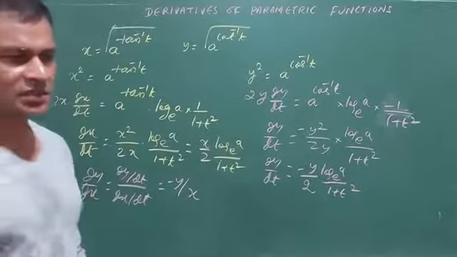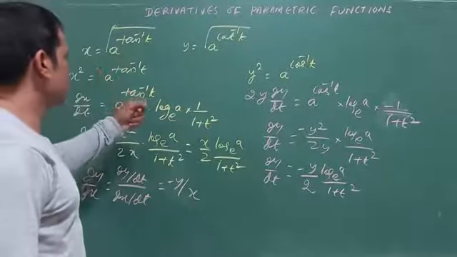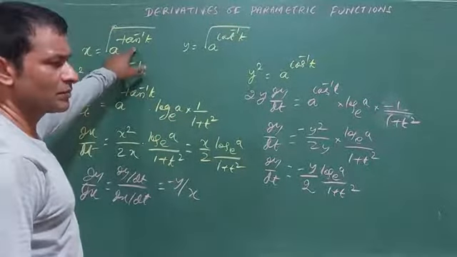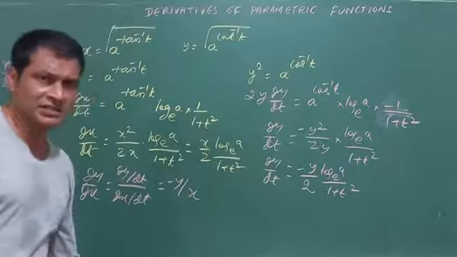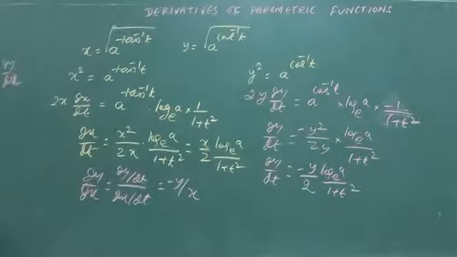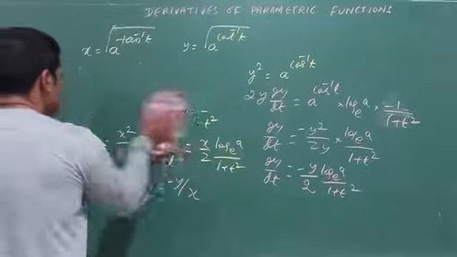This is one of the methods we did. Without squaring also you can do it: the derivative of √x is 1/(2√x), then again you can do that, no problem. Another method is there, and that method may be shorter than this. The answer is −y/x. Let us go for the other method.